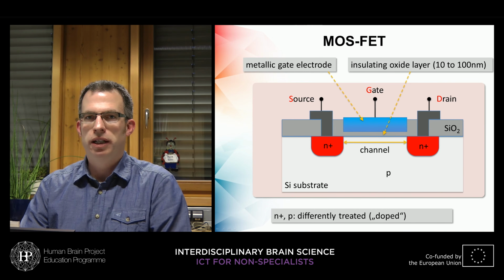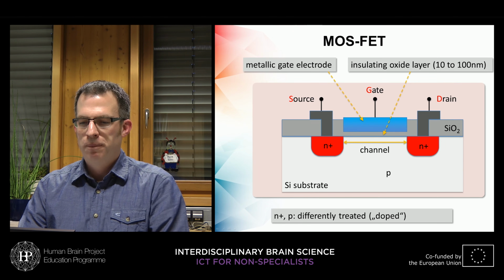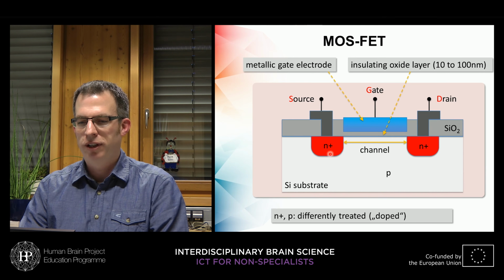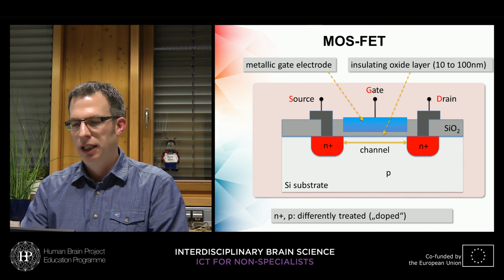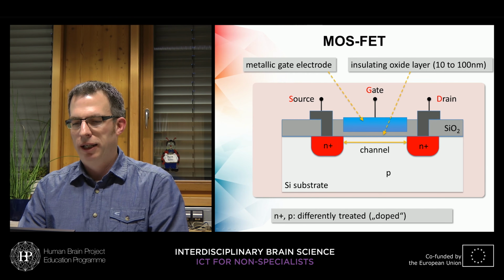It's so-called n-type doping, and these different doping techniques have the effect that if we do it right, there is no current flux between the source or drain terminals and the substrate, unless we apply some voltage to this gate up here. And that's what the functionality of the MOSFET is all about.